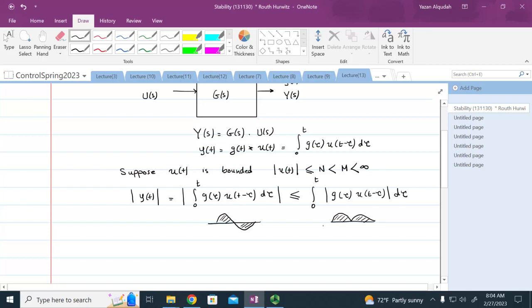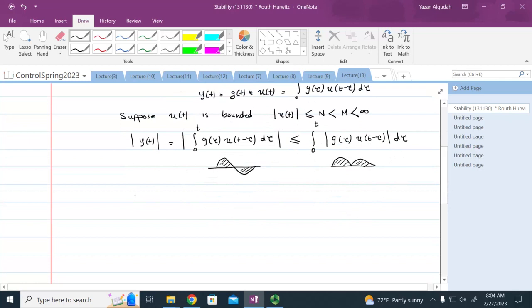So this integration, if I take the absolute value, I'm going to be subtracting this from this. So this is going to be always smaller or equal to this. If it's all positive, it's going to be equal. But if I have positive and negative, then the negative is going to subtract from the positive, and it is going to be less than. So it is always going to be less than or equal to the integration of the absolute value of g of tau multiplied by u of t minus tau. Okay.